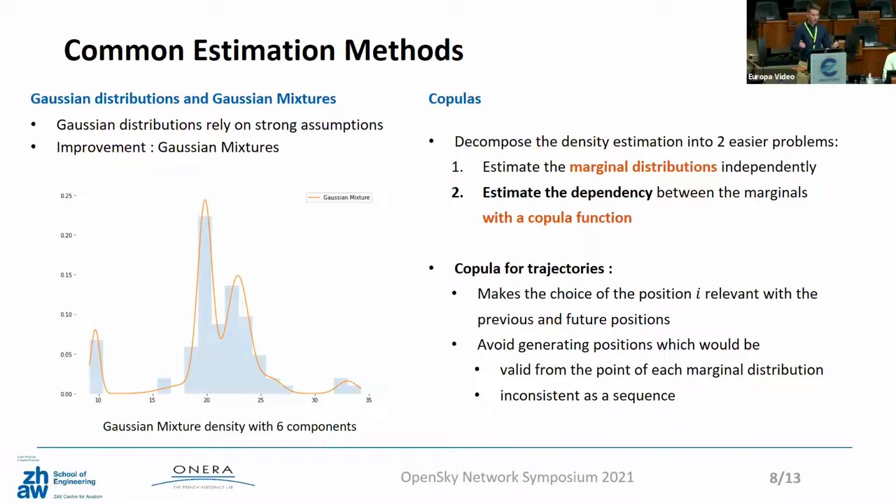Then once you have those marginal distributions, you just have to estimate the dependencies between them with what we call copula functions. Intuitively, in our case, copula functions make the choice of the position i of the trajectory relevant with respect to the past and the future of the trajectory. So it avoids having big wiggles in trajectories, which is not realistic at all.